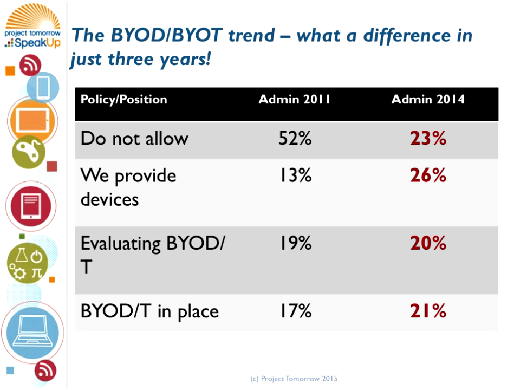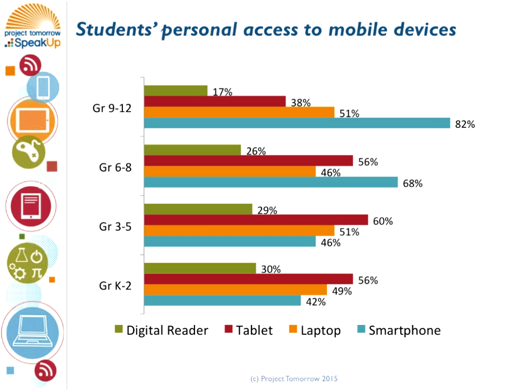Now folks, that is not to say that of course the BYOD, BYOT trend doesn't have some challenges associated with it, but it was interesting to see how quickly administrators changed their perspective on allowing students to use their own mobile devices. Now some of that may have been driven by the fact that students increasingly have access to their own mobile devices. So for quite a lot of folks that follow the Speak Up data, this is one of their favorite questions.